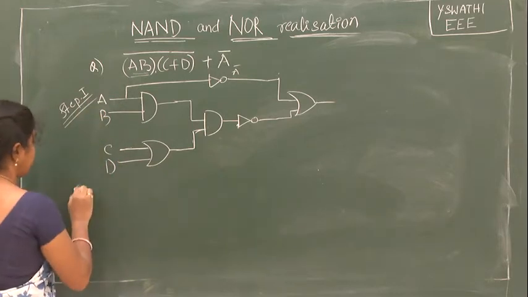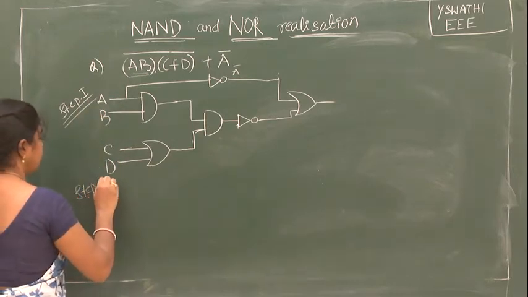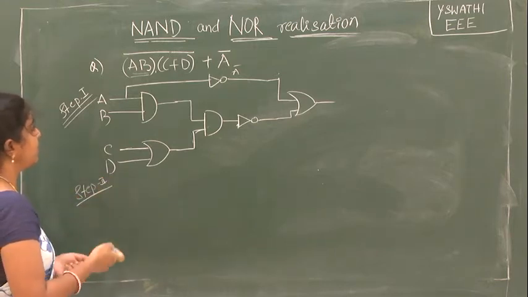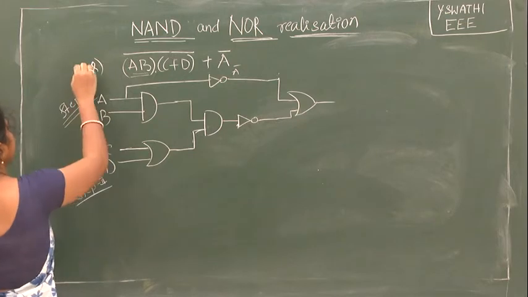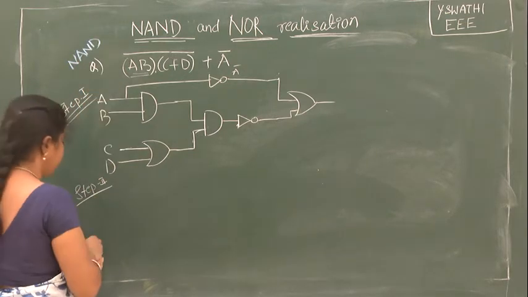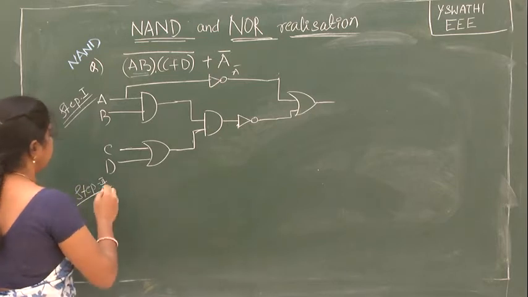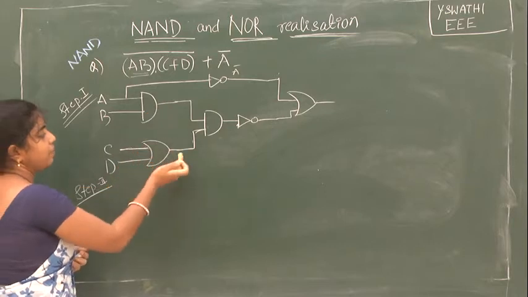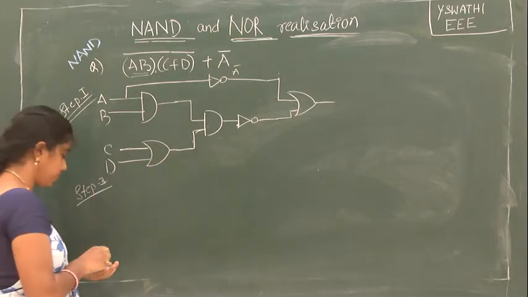Okay. In step 2, what we have to do? I am doing the NAND gate realization at first. In that, we have to bubble at the output of AND gate and bubble at input of OR gate.